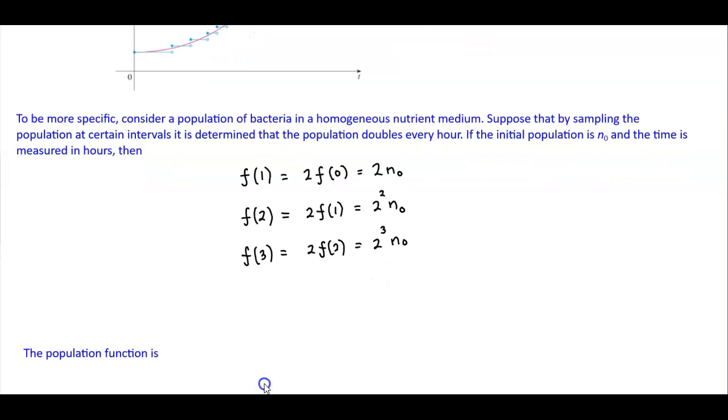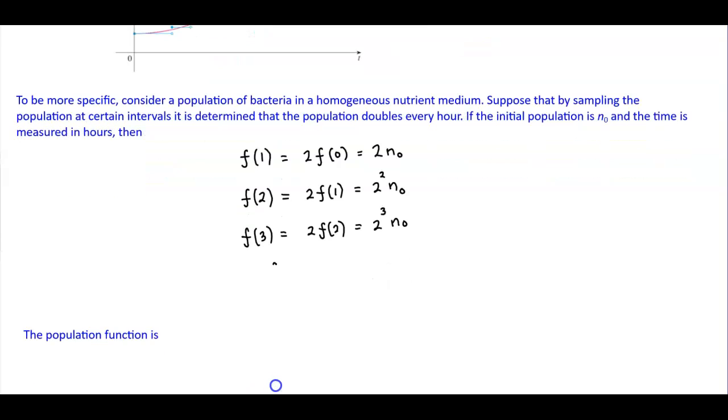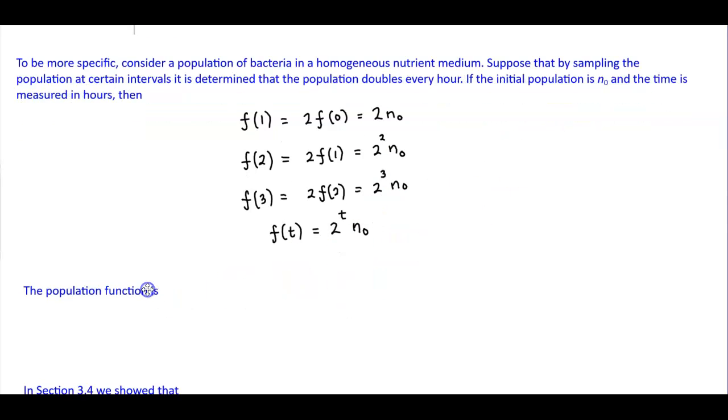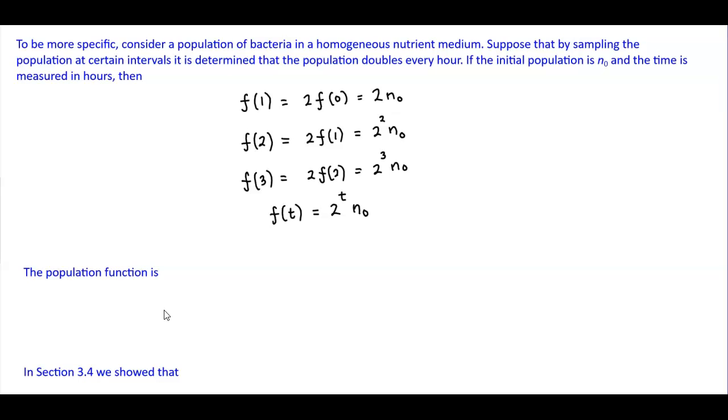So therefore, if we wanted to write this as a function of time, we would say that f of t is going to equal 2 to the t times the initial population. So we can say that the population function would be the following. The population function n is going to equal the initial population times 2 to the power of t.